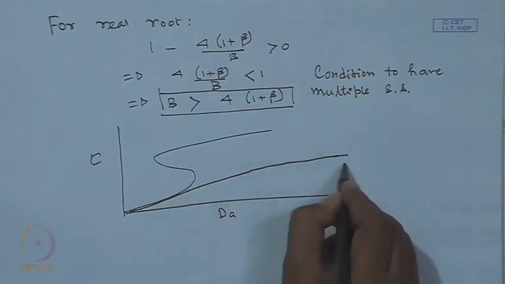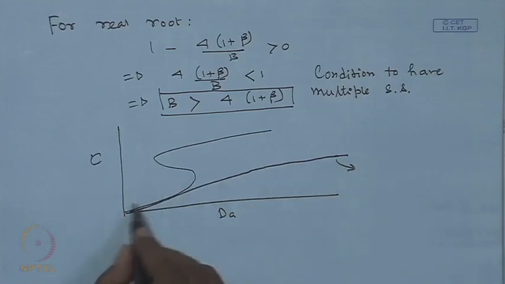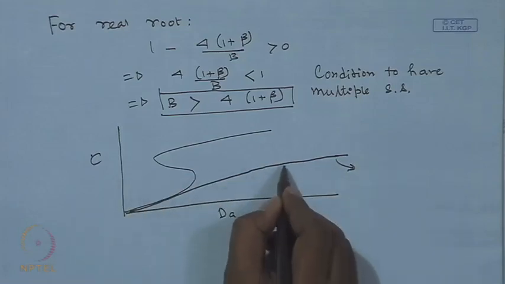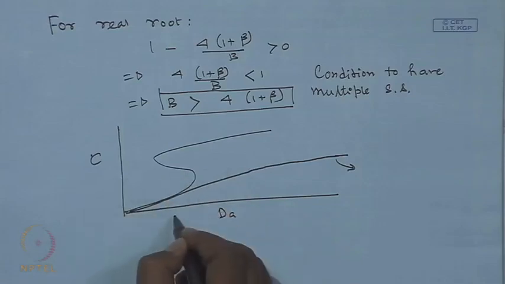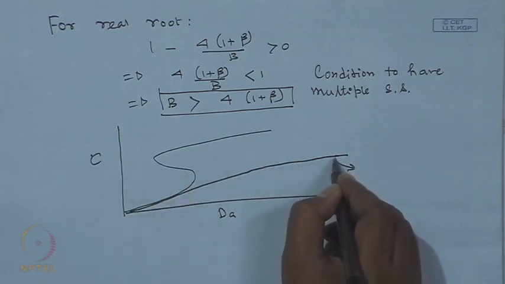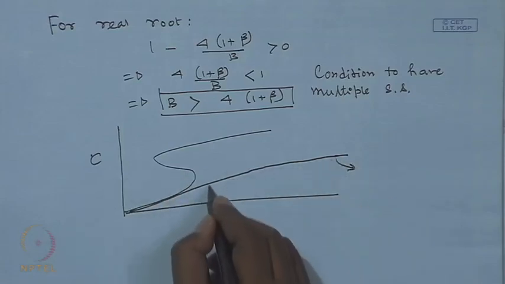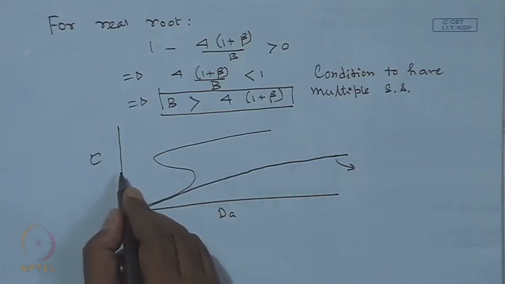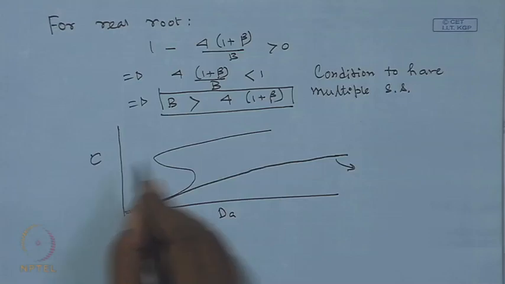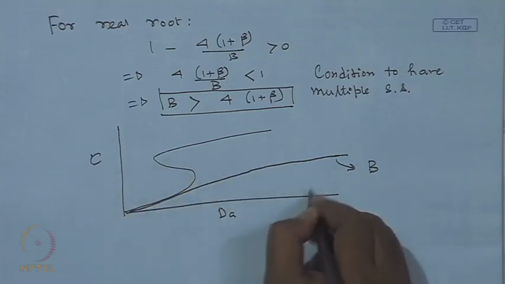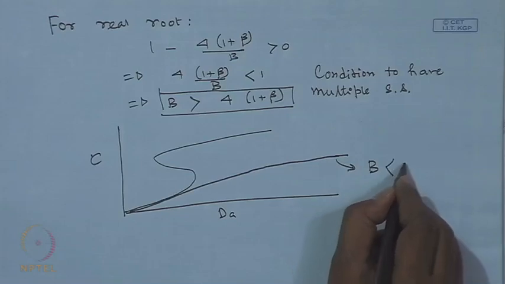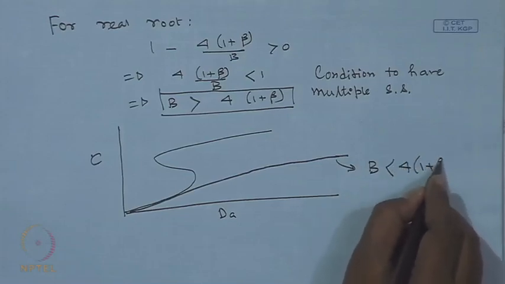In this case, for every Damkohler number you will be having only one C. For the lower curve, for every Damkohler number you will be getting only one steady state solution, and therefore on this curve the unique steady state exists. So, b is less than 4 into 1 plus beta.